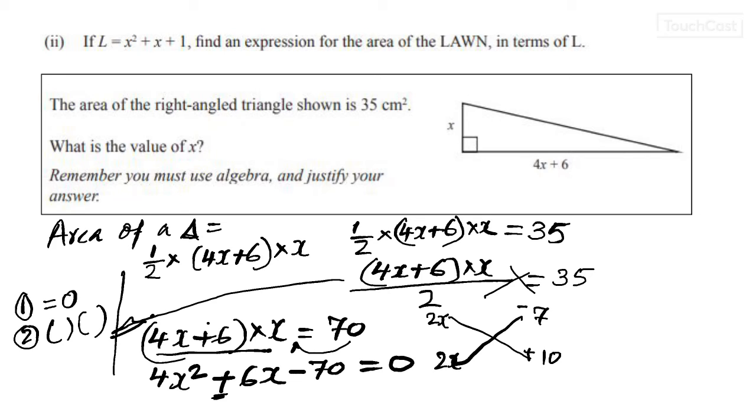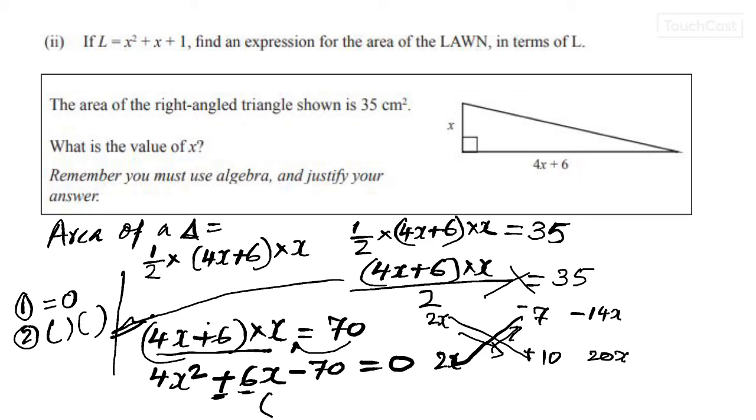That'll give me, if I multiply, 20x, and diagonally 2x times negative 7 will give me negative 14x. So this is going to work, which is 6x.